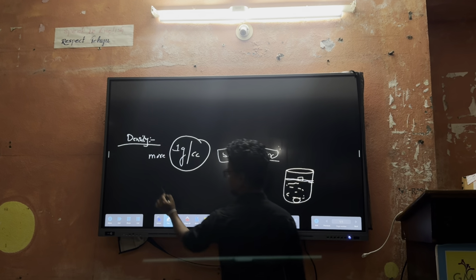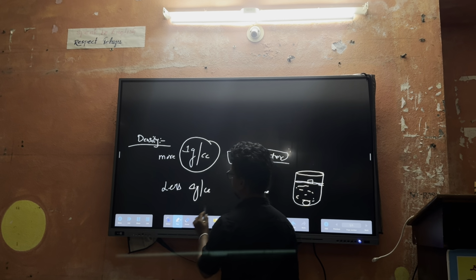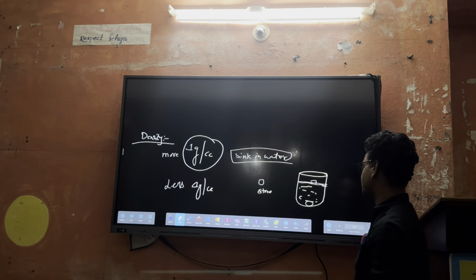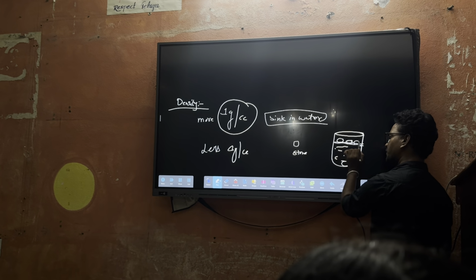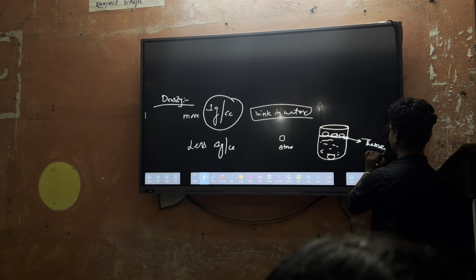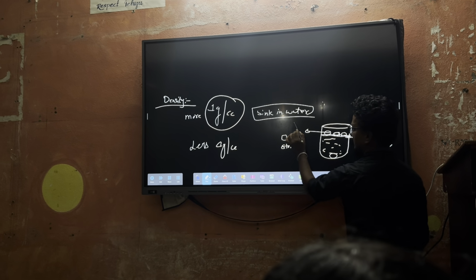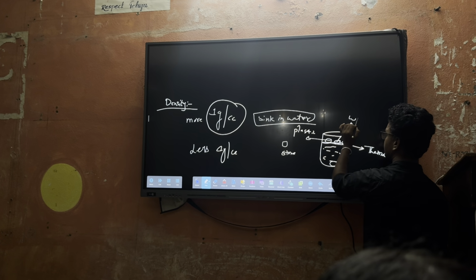So what about a value less than 1 gram per cubic centimeter? What is happening? That type of objects float on water. For example, thermocol, plastics, and wood, small wooden pieces.